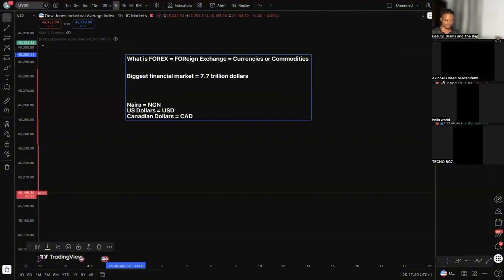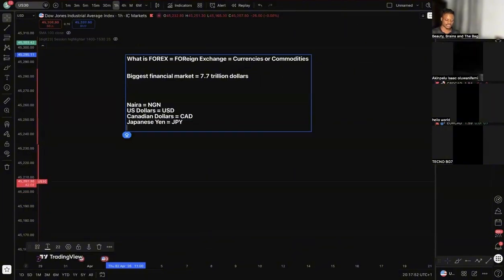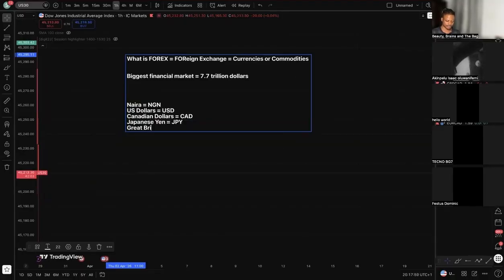And that currency we have is Japanese yen. It has the abbreviation of JPY. And that currency we have is Great Britain pounds. It has the abbreviation of GBP.